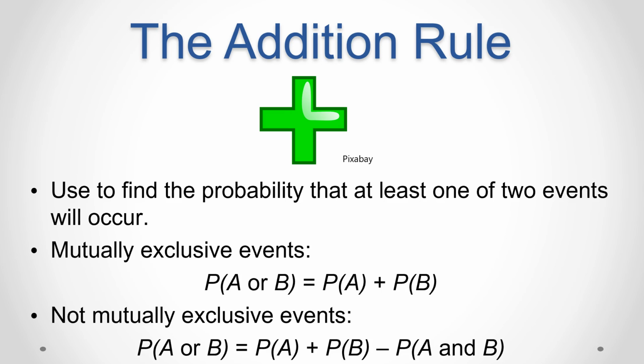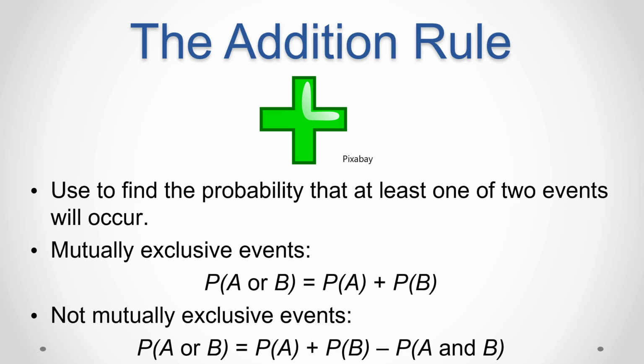Let's take a look at an example. We'll take a look at a deck of cards and the addition rule for mutually exclusive events. Suppose a single card is selected from a standard 52-card deck. We will use the theoretical method for calculating the probabilities because the outcomes are equally likely and easy to count.